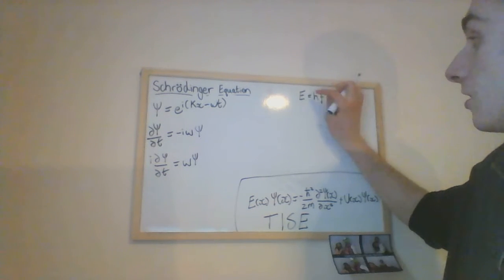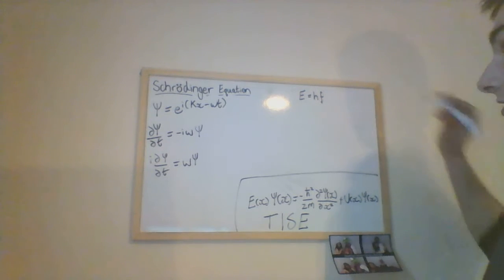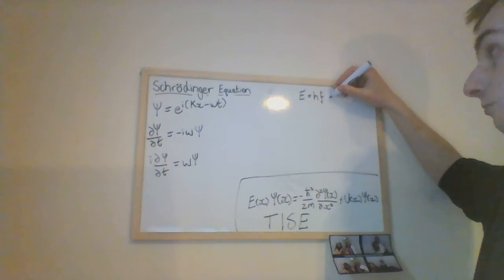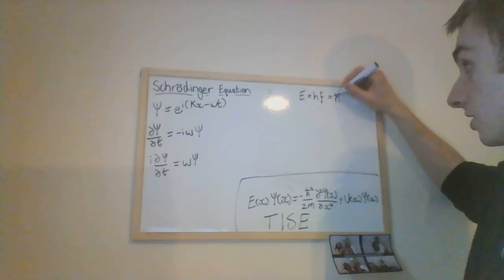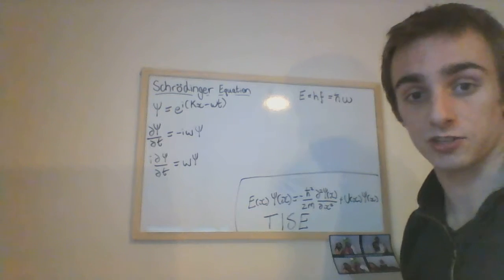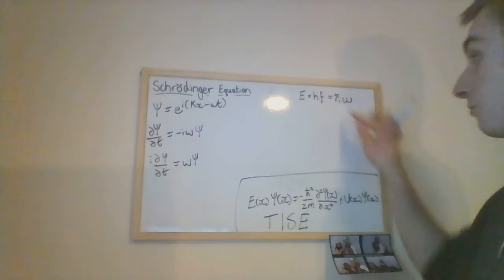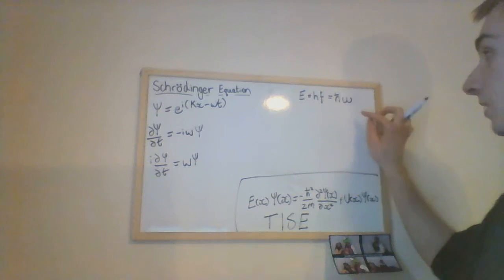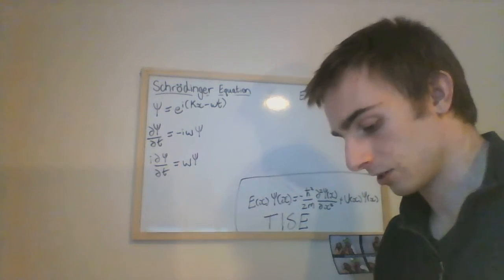Energy is Planck's constant, ordinary Planck's constant, times the frequency, which we can also write as h bar times angular frequency, just by jiggling about that 2 pi factor in there, multiplying this one by it, dividing this one by it. So yeah, that's how we get to that.